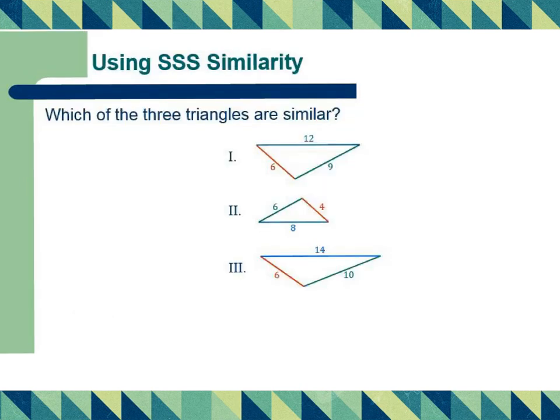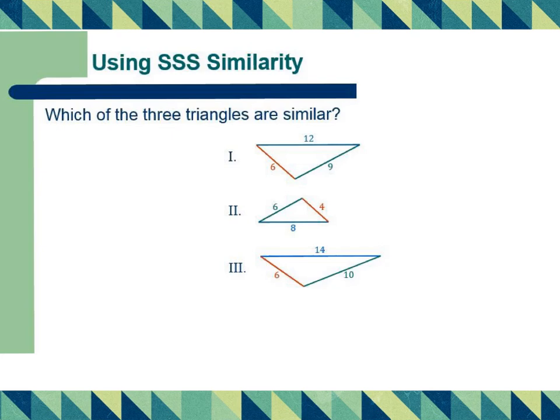So if we look at this last example, using side-side-side similarity, which 3 of these triangles are similar? And they've been color-coded to help us identify the corresponding sides, but when I set it up, I like to think of it as small to medium to large, essentially. So we can look at these one at a time.